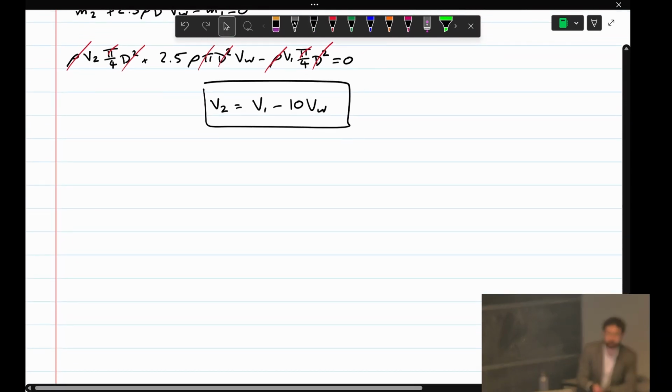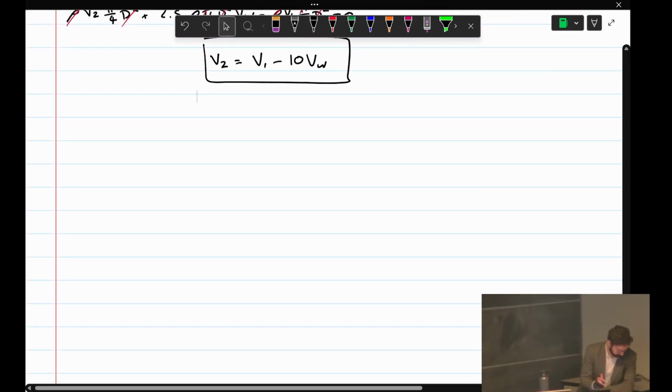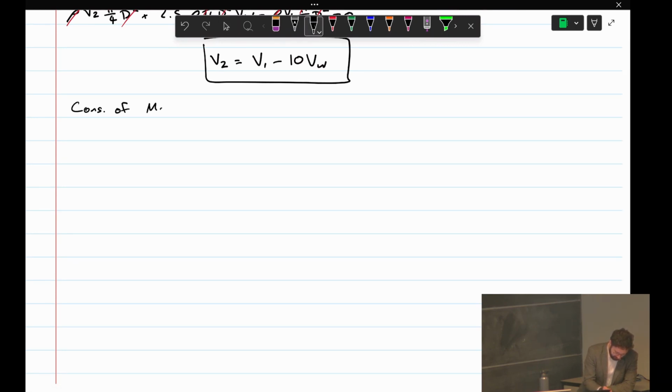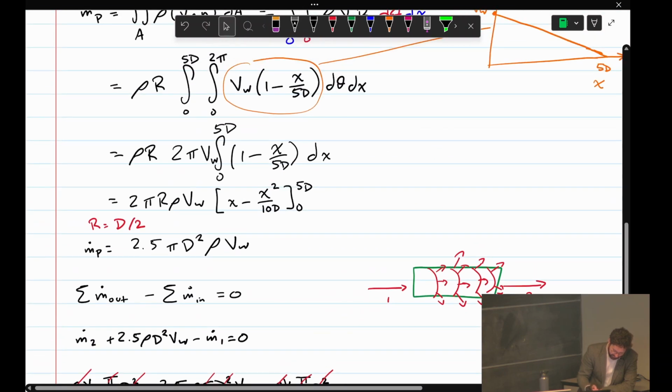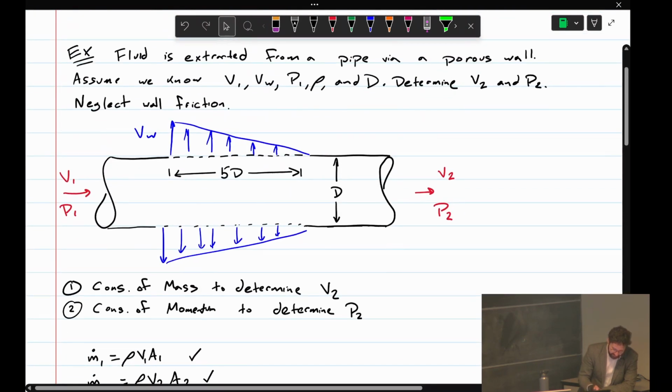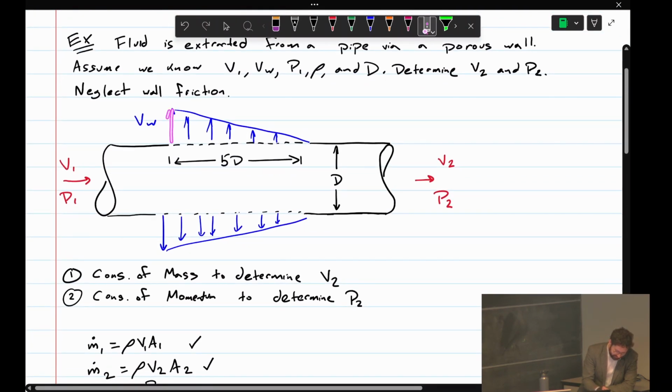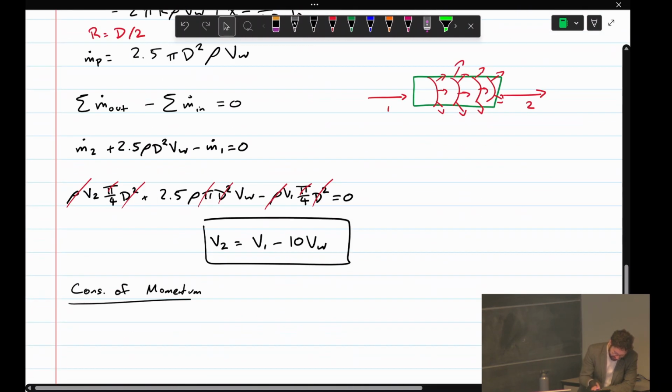Again, in case you forgot, VW is given in the problem. It's the starting velocity at the pipe, and then the velocity tapers down to 0 there.